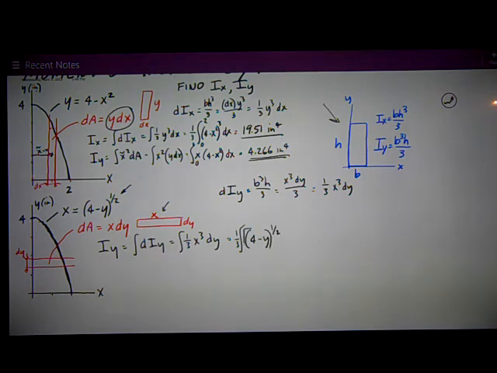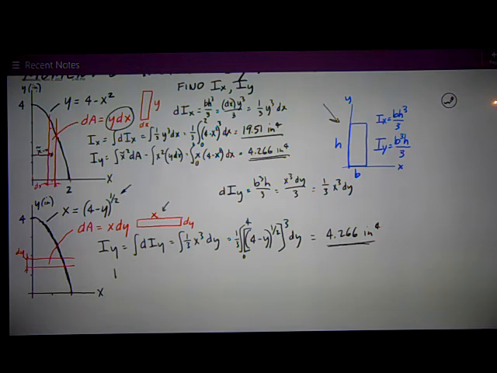Then I need to cube that because I've got x cubed, and then I've got dy. I'm going to integrate now with respect to the y-axis, so I want to go from 0 to 4 in the y direction. Plug that into my integral calculator, and once again I get that same answer, 4.266 inches to the fourth.